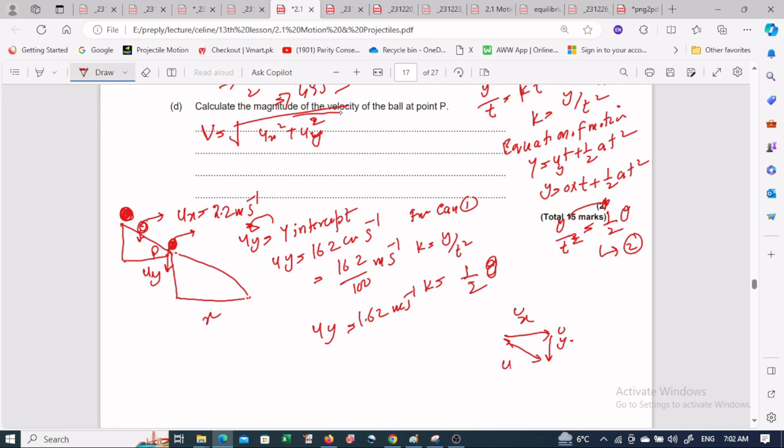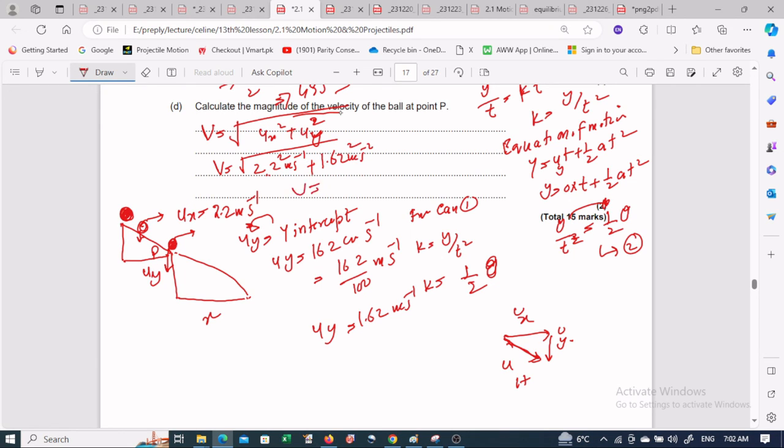So hypotenuse square is equal to base square plus perpendicular square. So velocity v is equal to the square root of x component 2.2 meter per second square plus y component 1.62 meter per second square.